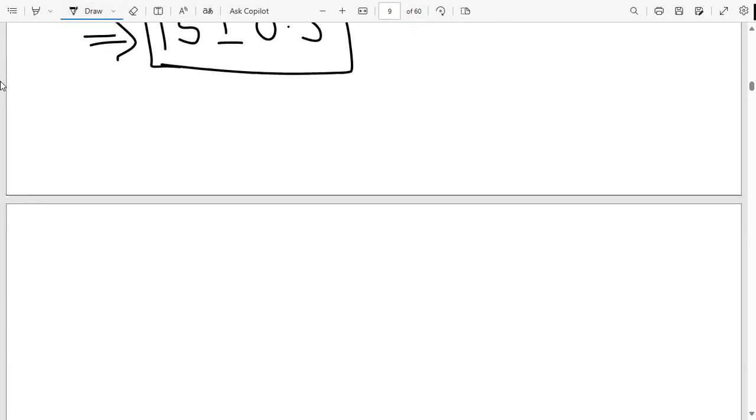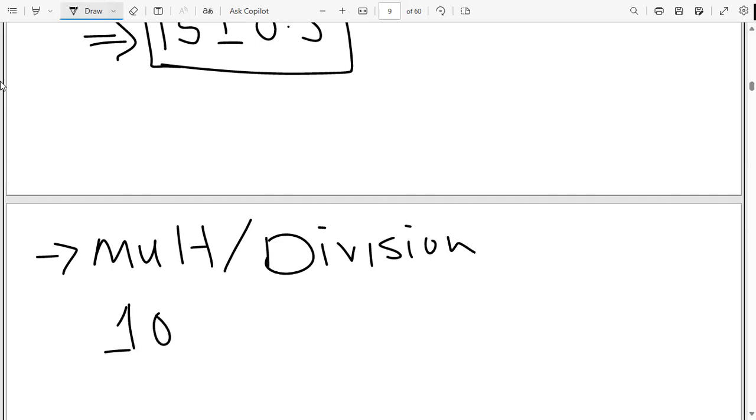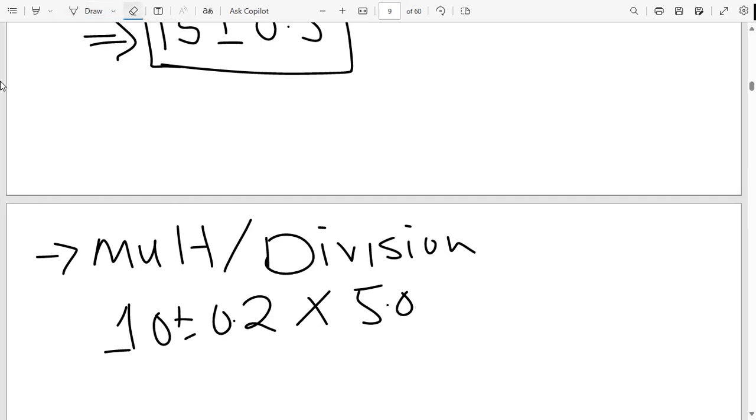The case is different when you're talking about multiplication and division of numbers that have uncertainties. Let's say we've been given 10 plus or minus 0.2, and we should multiply this with 5.0 plus or minus 0.1. What are we supposed to do?